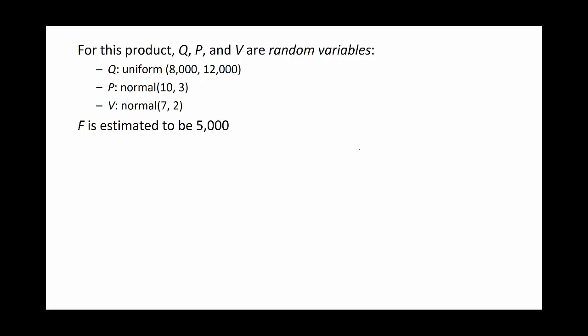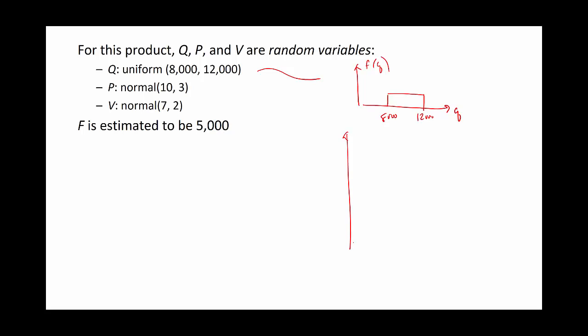So we're going to assume Q is uniformly distributed between 8,000 and 12,000. So essentially, our Q looks like this. Here's Q, 8,000, 12,000, F of Q. And the P and V are both normally distributed.